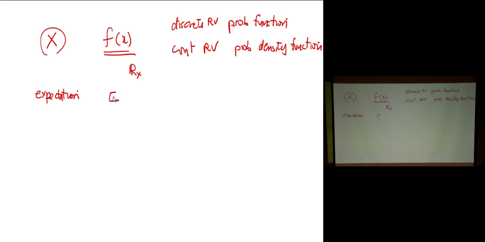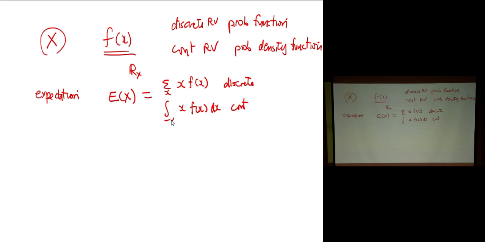So an expectation of a random variable is a number, a constant, equal to all the x times the corresponding f of x, and then sum them up for the discrete case, and it is equal to the integral of x f of x dx for a continuous random variable. All right, so basically it is sort of like a weighted average. That means each value is weighted by its chance. The bigger the chance, the more it contributes to the expectation of x.